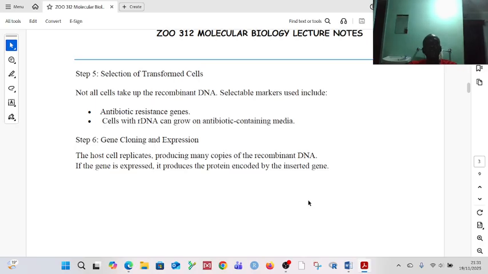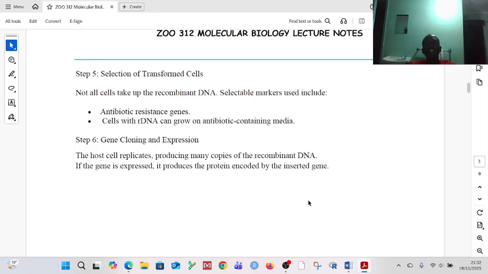So once you've selected and identified the cells that have been transformed. Being transformed means they've taken up the recombinant DNA. How you choose these cells, you use selectable markers. For example, antibiotic resistance. So once you've known them, then now you go to the process of gene cloning.